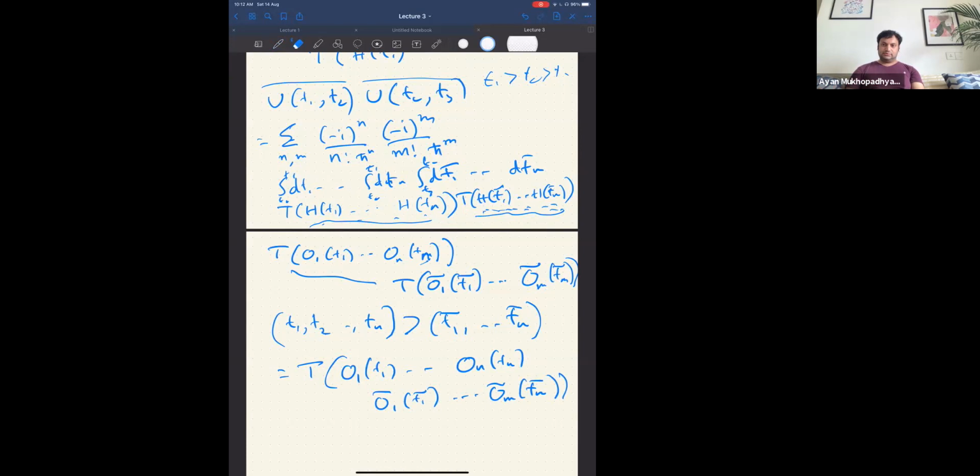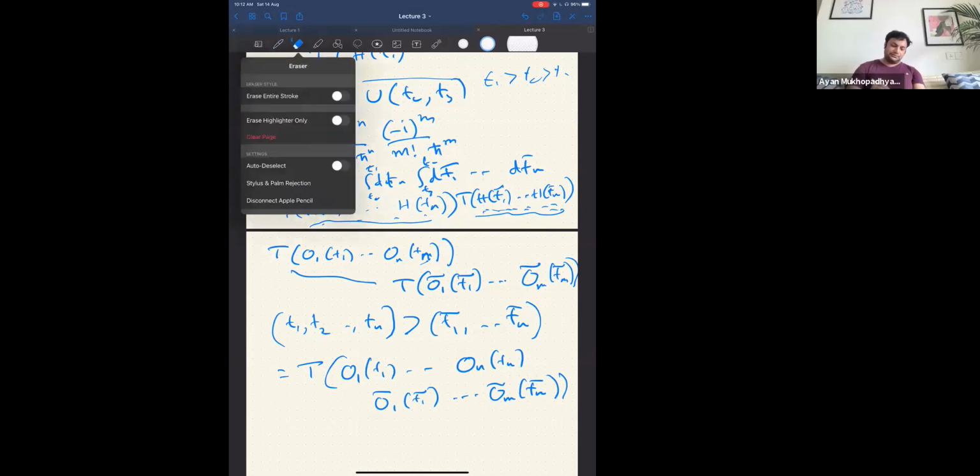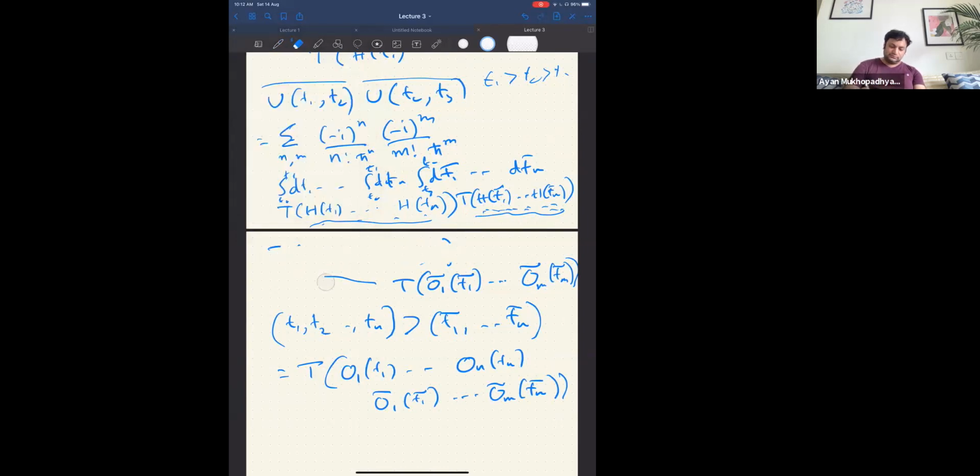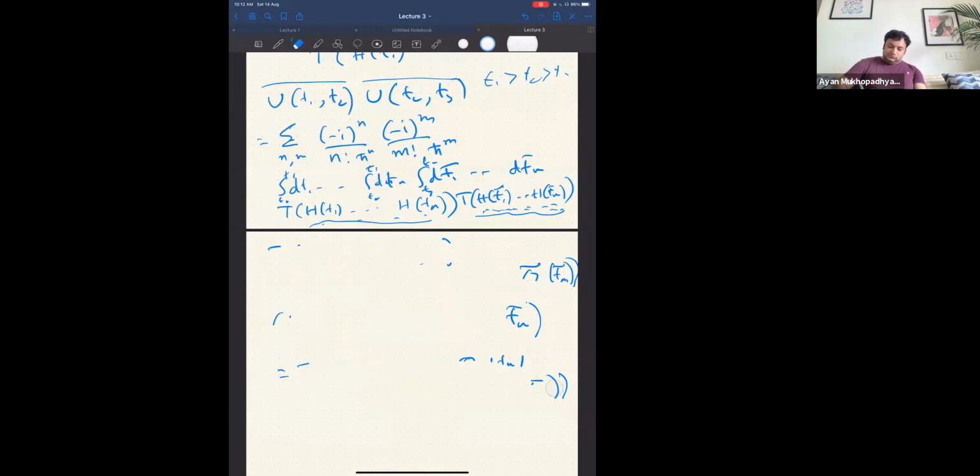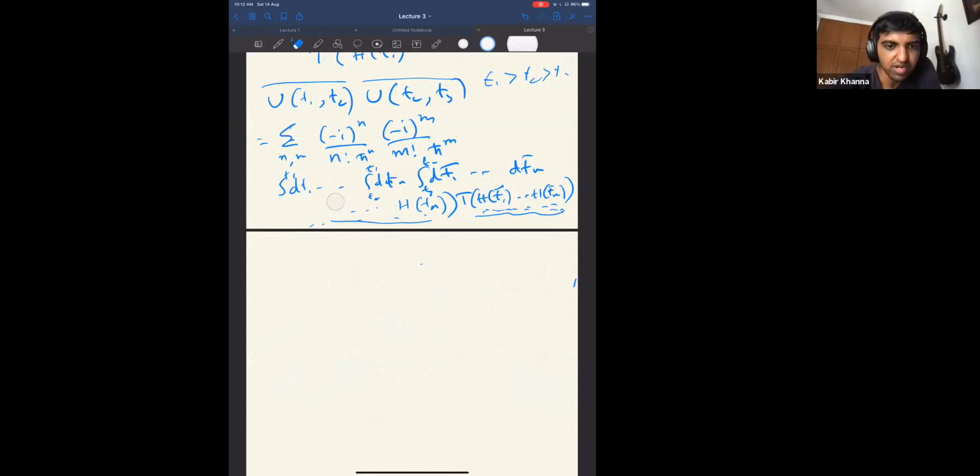Yes, sir. Okay, if it is clear, then I can rub this out, and replace this whole thing with this. Will there be no multiplicative factors?